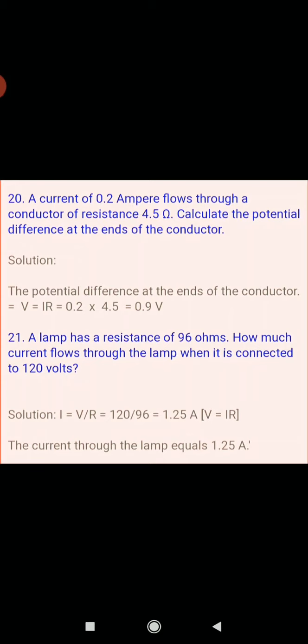Therefore, I is equal to V by R is equal to 120 by 96. Dividing the terms, finally we will get current I is equal to 1.25 ampere.